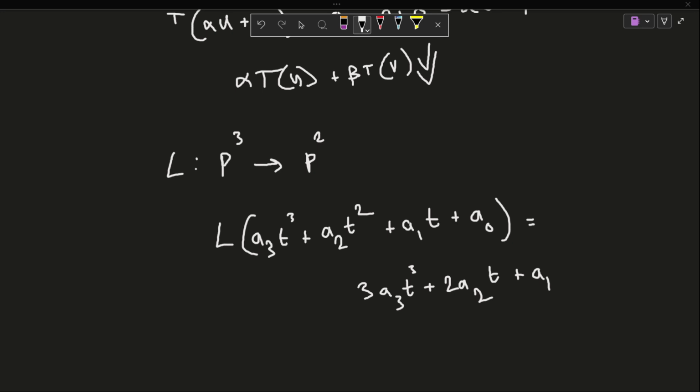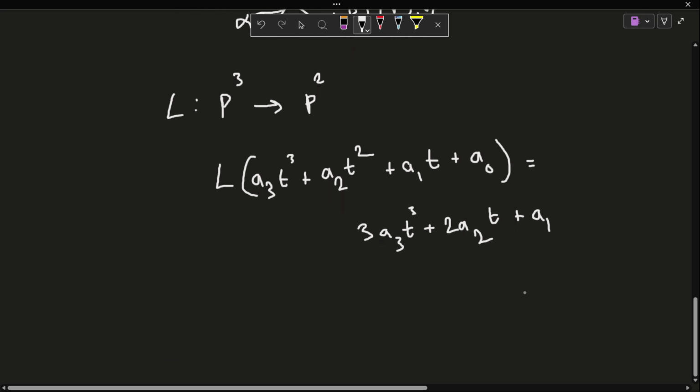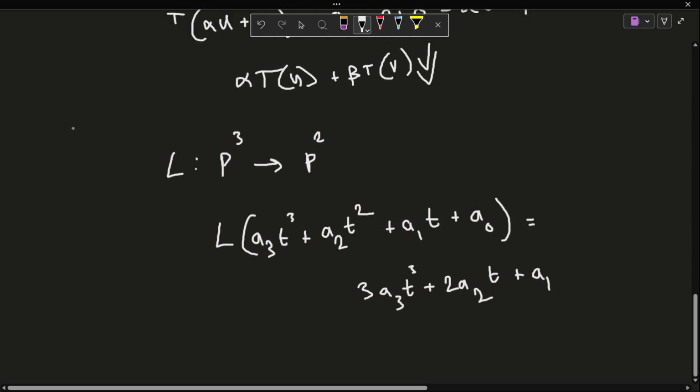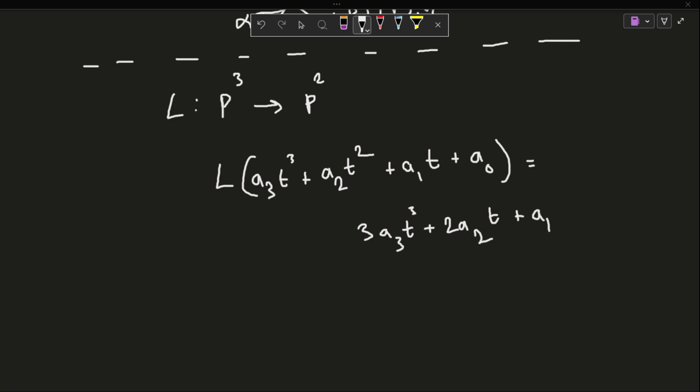And so take a look at this problem and tell me if it is going to be a linear transformation or not. So go ahead and do that. So hopefully you've had a chance to take a look at that.